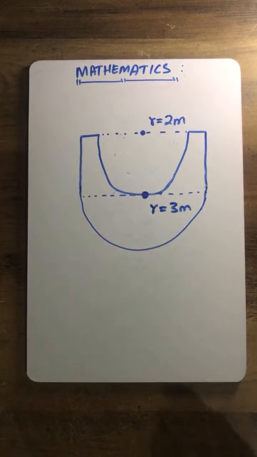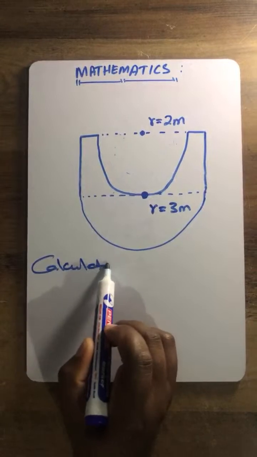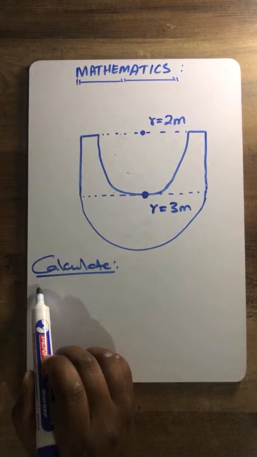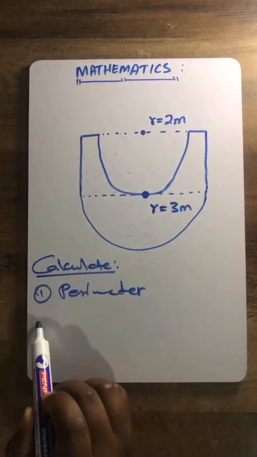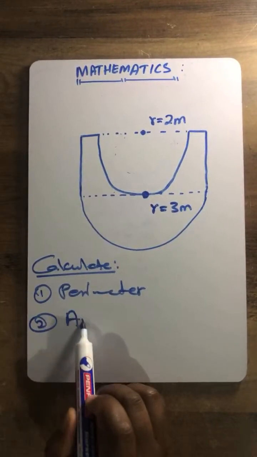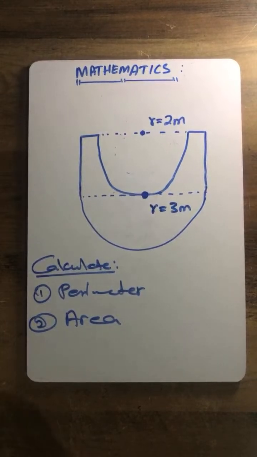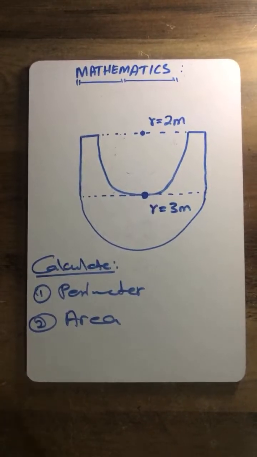Calculate the perimeter and the area. Let's see if you're going to work it out.